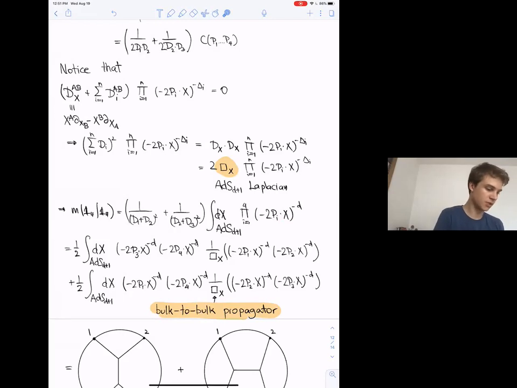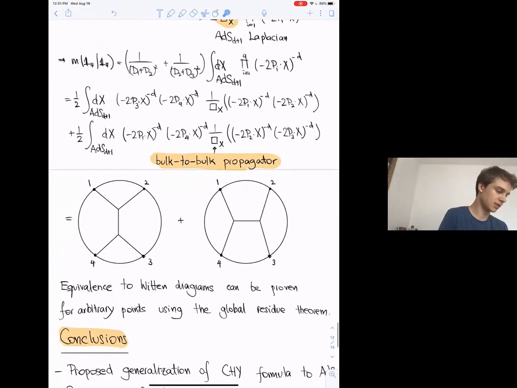So it just becomes the sum of 2 terms with these 1 over Laplacians here. And the 1 over Laplacian, of course, is nothing else than the bulk-to-bulk propagator. And so what you end up with is the sum of these 2 Witten diagrams. And that is correct because these are the only 2 Witten diagrams that respect the color ordering. The third Witten diagram, the U channel, you need to cross, and it's no longer color ordered.